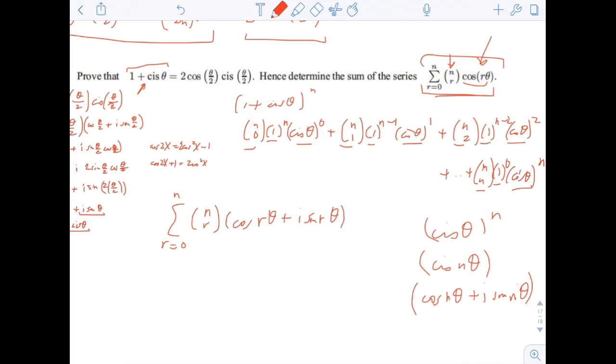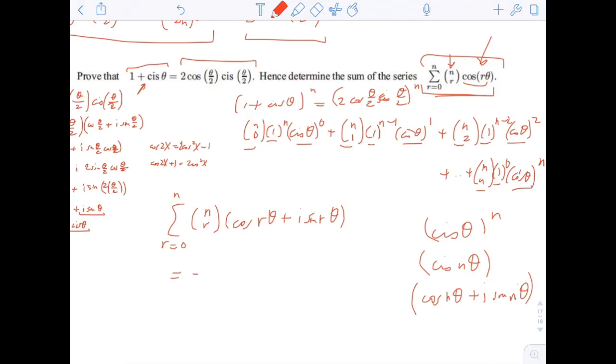Now let's use the right side and see how we can transform this. So we took this originally, right? And the right side would be 2 cosine theta divided by 2 times cis theta divided by 2, all to the nth power. So let's rewrite that.